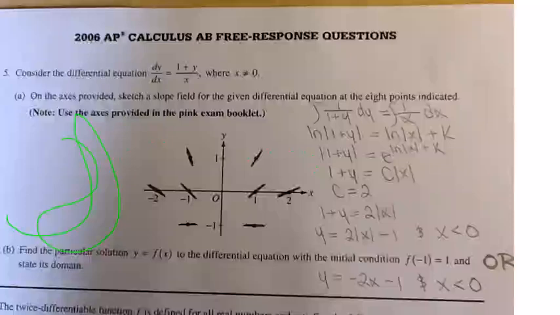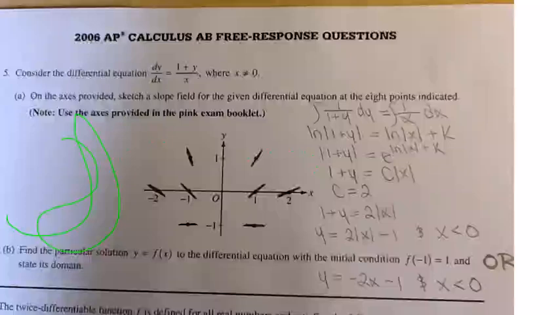And to get rid of the ln, you have to exponentiate both sides. Once you do that, you get rid of the ln on the left side. So you will just be left with the absolute value of 1 plus y, which equals e to the ln of the absolute value of x plus k.